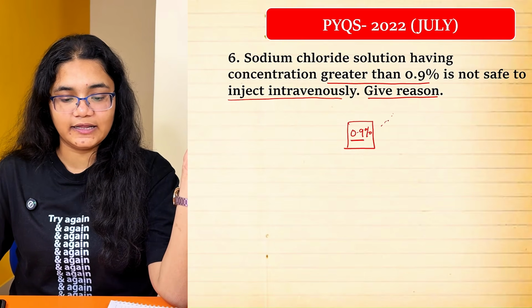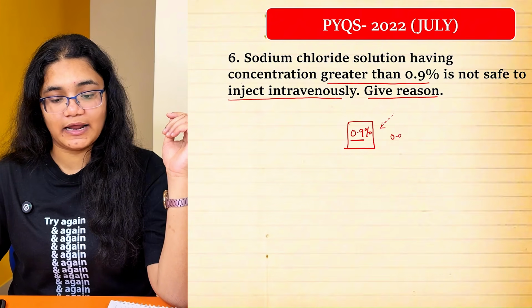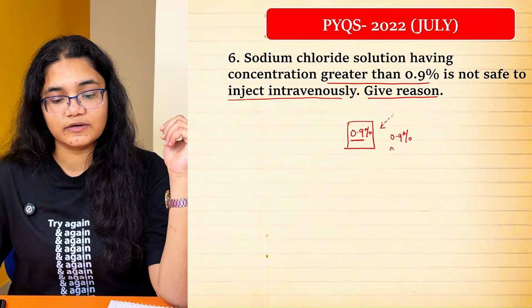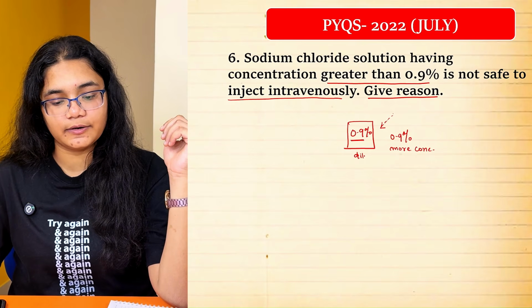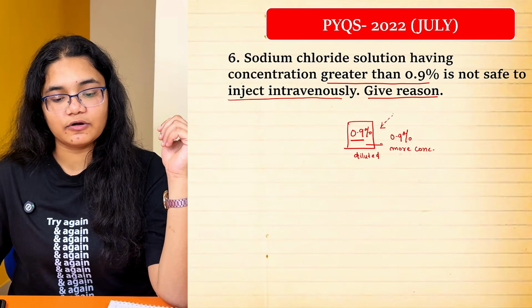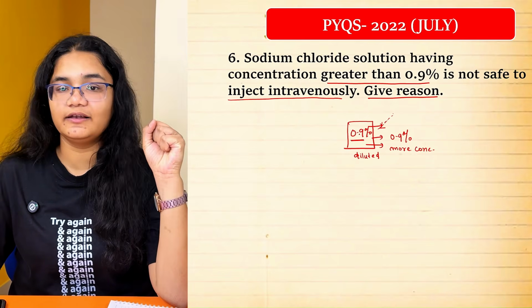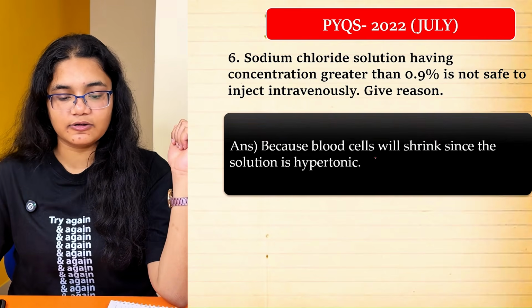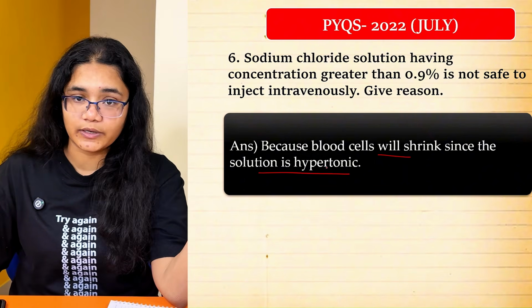Now if you inject something having greater than 0.9%, that means this one is more concentrated and this one is diluted. So water will start flowing out, exosmosis will happen and the cell will shrink. That is why it is not safe. We can write: because the blood cells will shrink, as the solution is hypertonic.